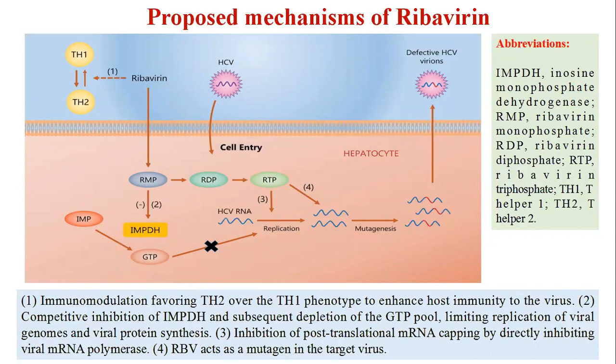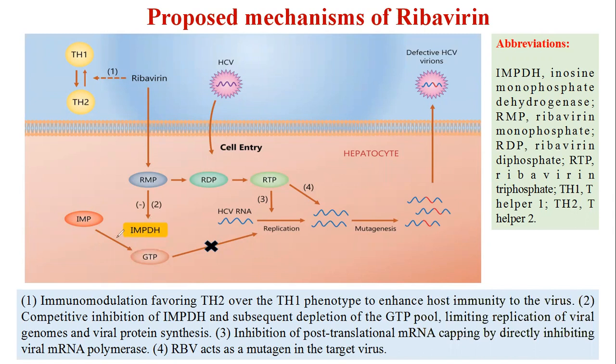HCV. This particular drug functions as a nucleoside analog, and it blocks the IMPDH. Here you can see this is inosine monophosphate, and here is inosine monophosphate dehydrogenase.